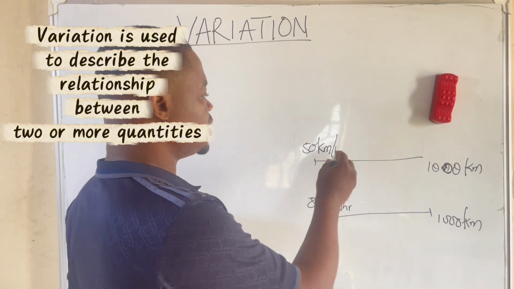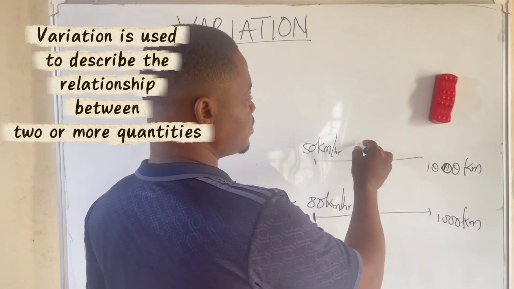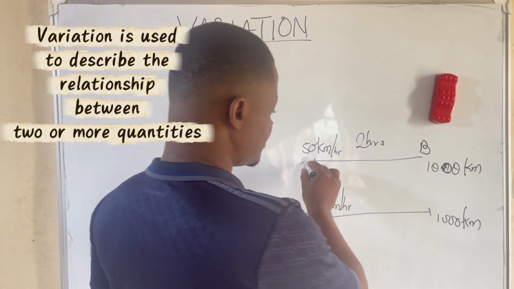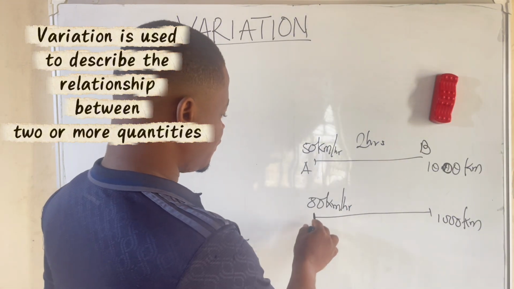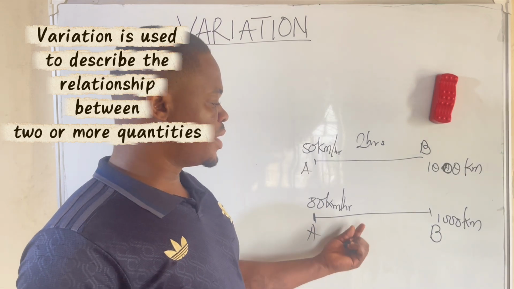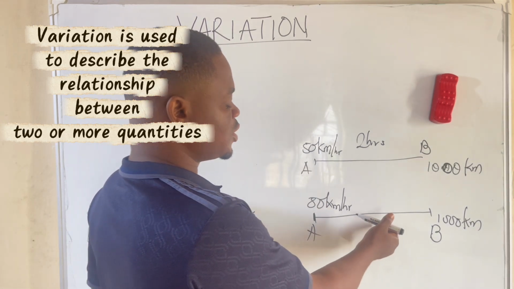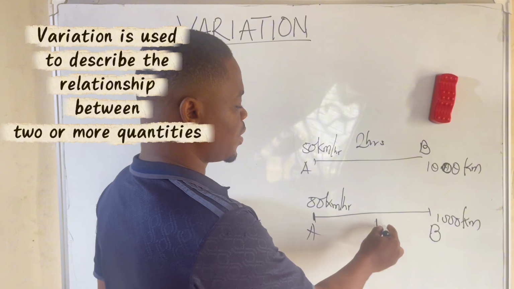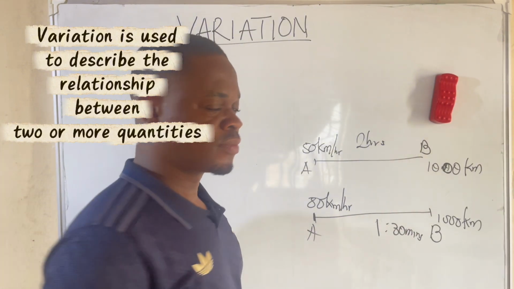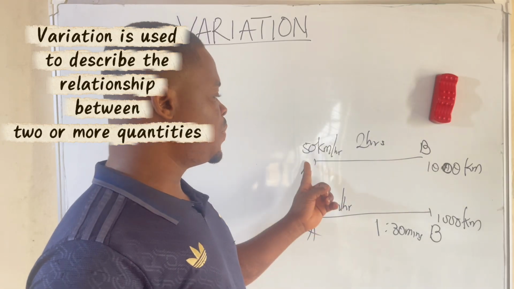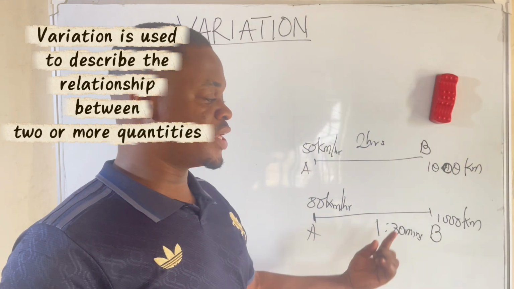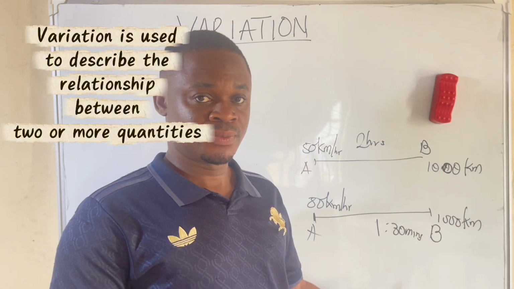Let's say that it took this person 2 hours to get to this location B, and you have another person from A to B. If you increase your speed, this person might get to this place in 1 hour 30 minutes. So as your speed is increasing, the time you are going to use to get to your location will reduce.